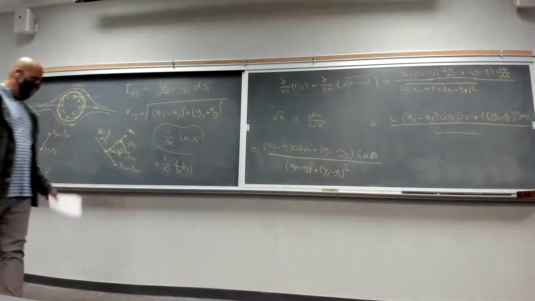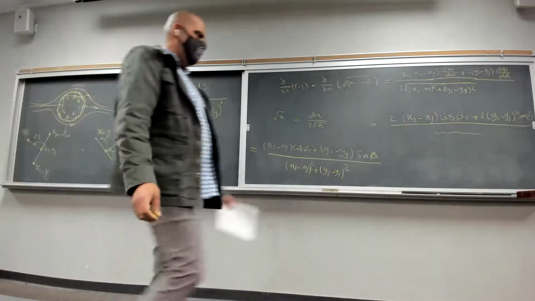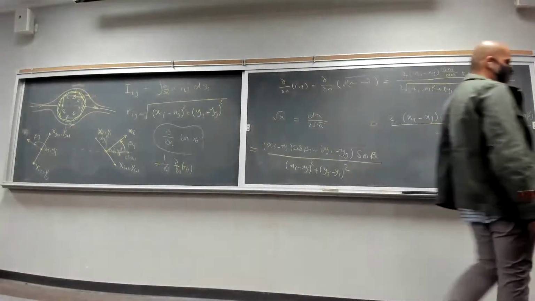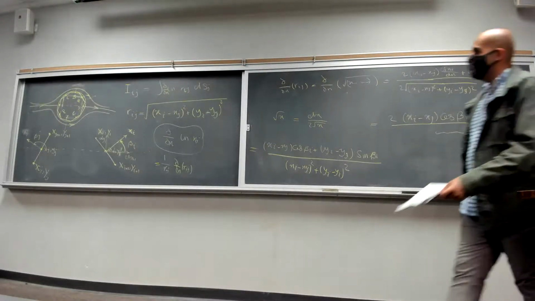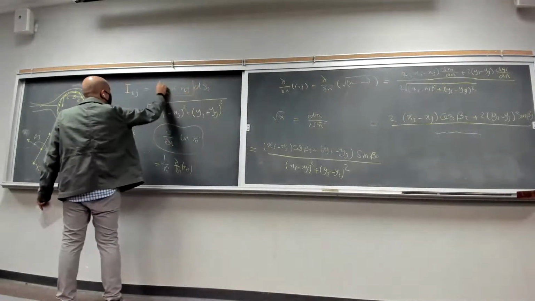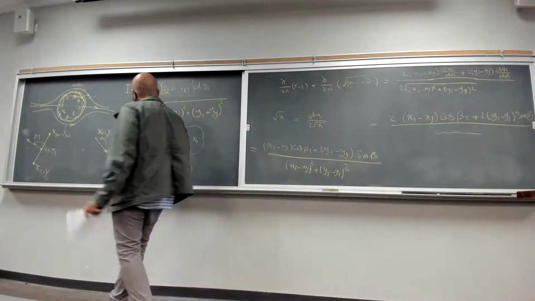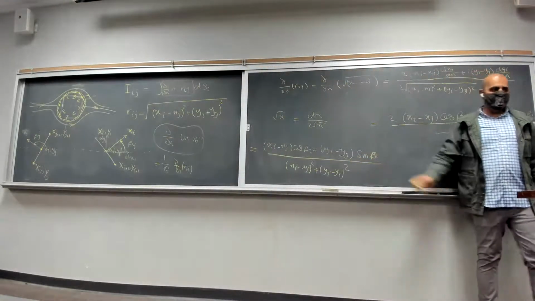Okay, so this will only be I of ij. That's this value inside the integral. This will be this derivative. Only this one.